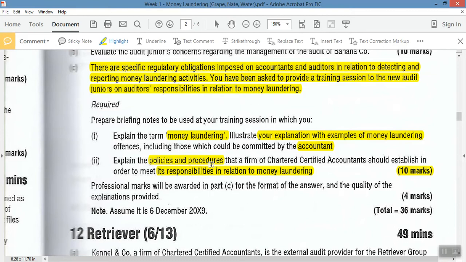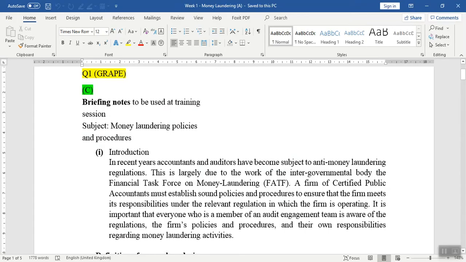For me, I can put the policy and procedure at 1.5 marks each, and the leftover will go to the explanation and examples of money laundering. Here ACCA doesn't specify how many points you should give, so you can adjust by yourself. So it's a good thing.